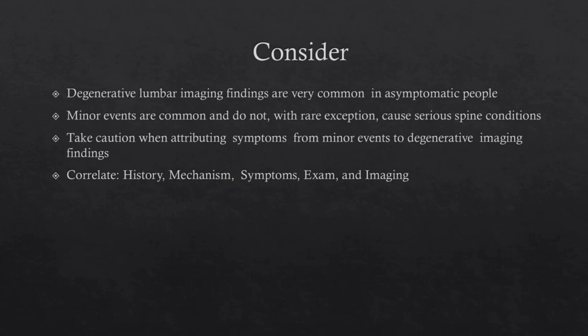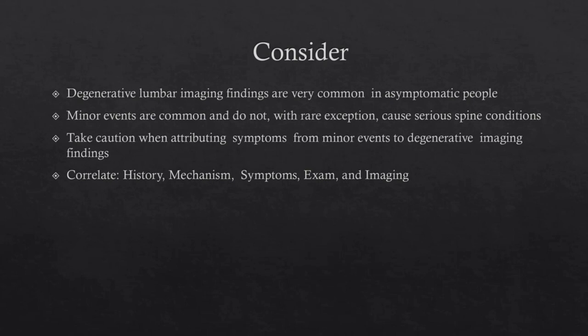We were talking about anatomy, and we were talking about what happens when spines naturally wear and degenerate in the course of one's life. Degenerative findings are very common, like that last slide that I showed, in asymptomatic people. Minor events happen to all of us throughout our lives, and minor events don't cause serious or major spine conditions.